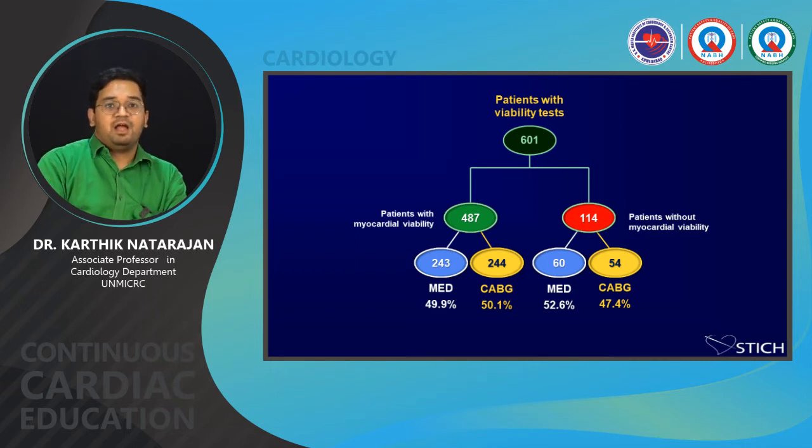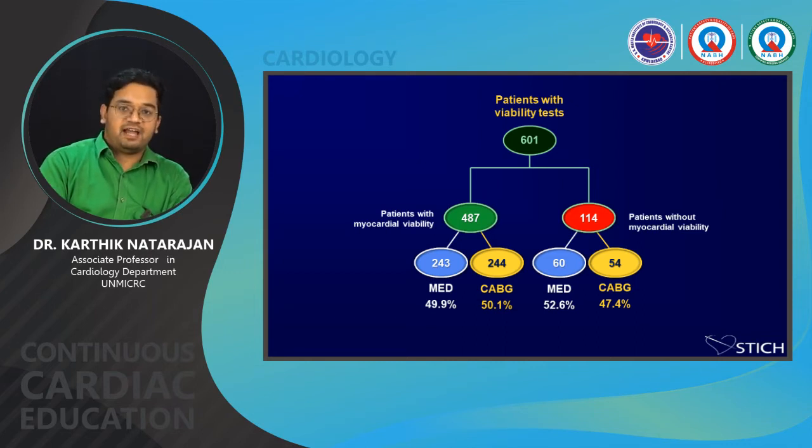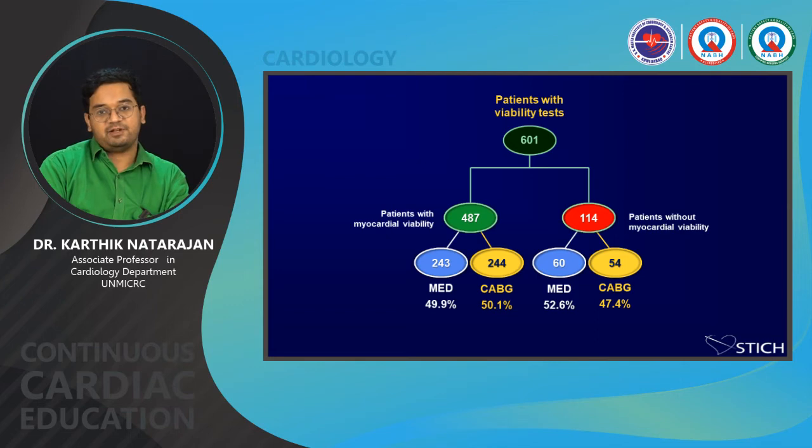Out of that, 487 patients were found to be viable, 114 were found not to be viable. 243 patients underwent medical treatment in the viable arm, 244 patients underwent CABG in the viable arm. In those patients who did not have viability, 60 patients were put on medical management, 54 patients underwent CABG.